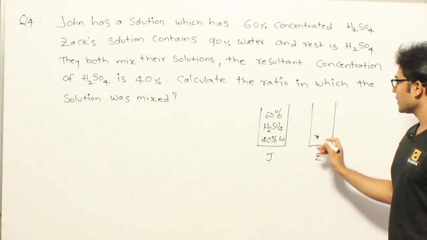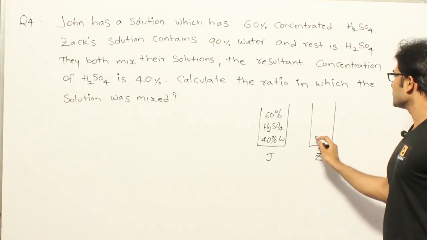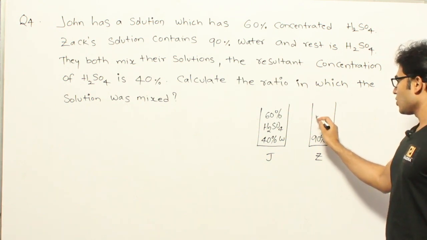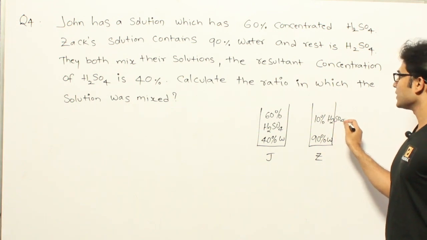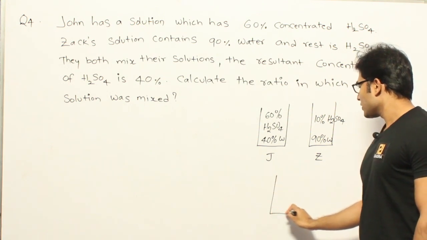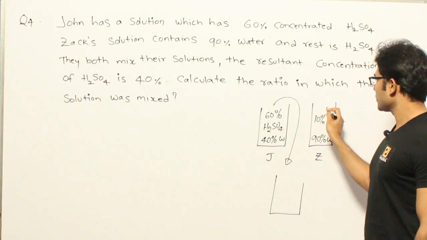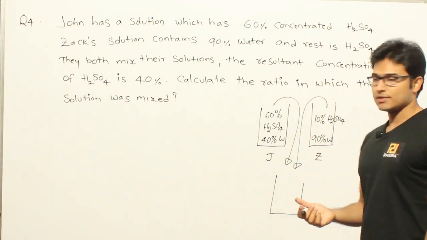Now they are saying that in the next one, Zach's solution, 90% is the water. So what does it mean? This one is containing 90% water and so only 10% will be H2SO4. So this is the composition of the liquids, right? Now they are saying that we are going to take some amount of this solution and some amount of this solution. Let us assume that it is in liters.